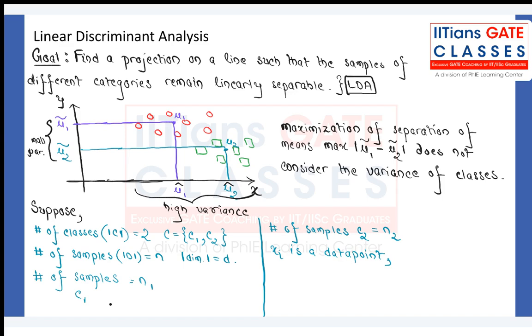The projection of that point xi on the line is given by the unit vector v, and this is high school math, v transpose xi. Okay, then the magnitude.